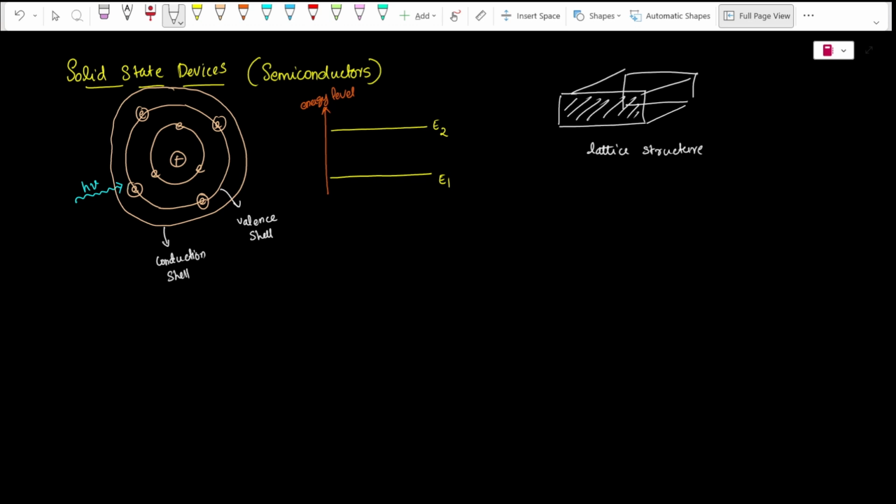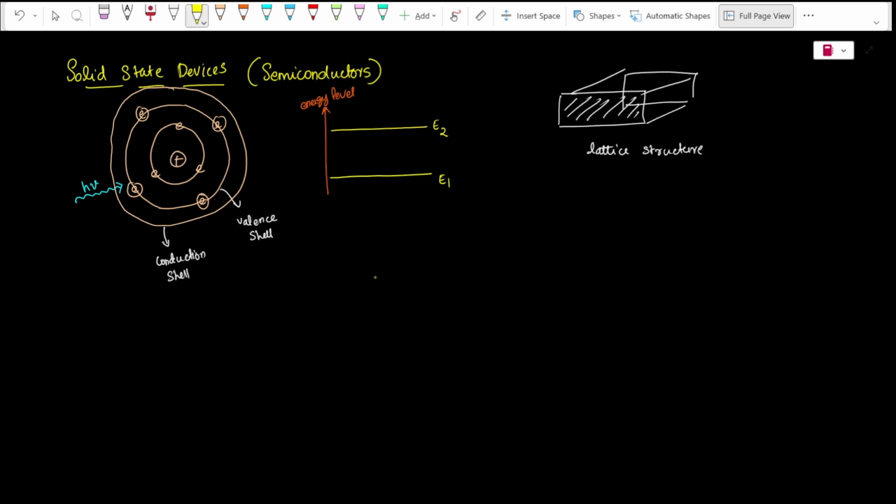When atoms get arranged in a crystal lattice, they have a different behavior than what we see for a single atom. Why? Because here you have only a single atom, but there you have multiple atoms and atom-to-atom interactions. As a result, you cannot have individual energy levels for each of these shells.